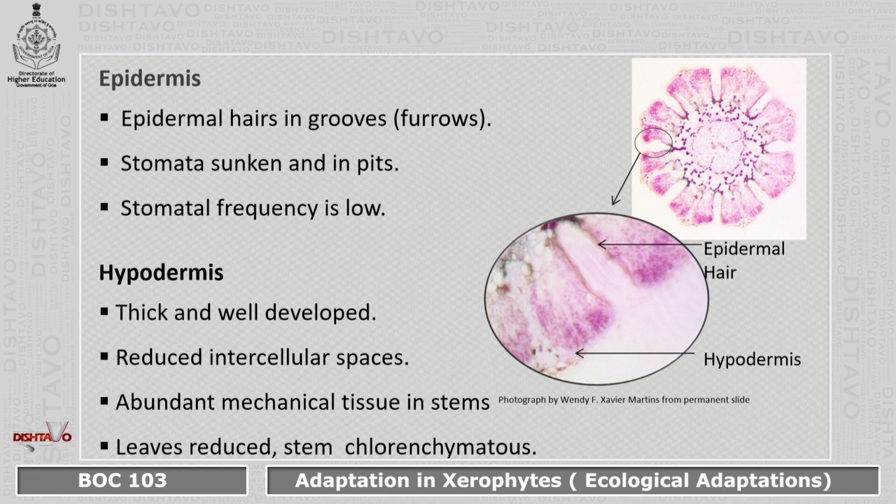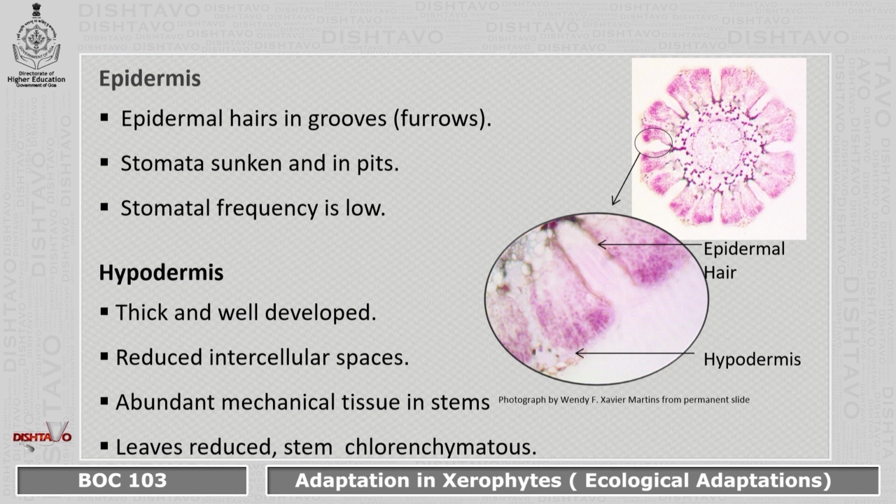The next layer is the hypodermal layer. This hypodermal layer may be made up of thick walled cells having reduced intercellular spaces. These cells provide mechanical strength to the stem.